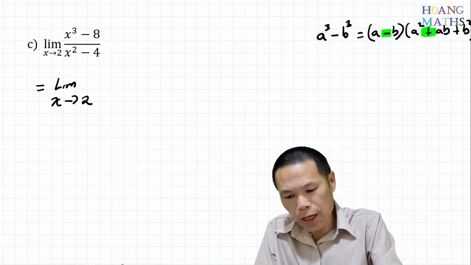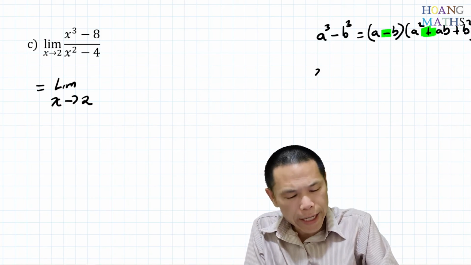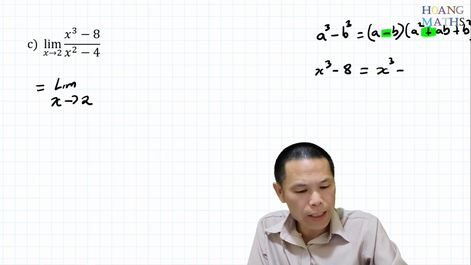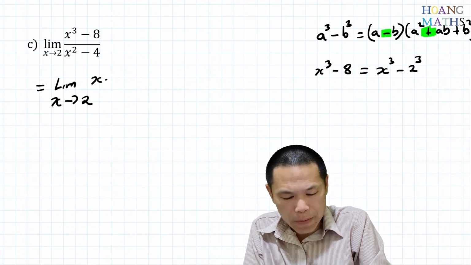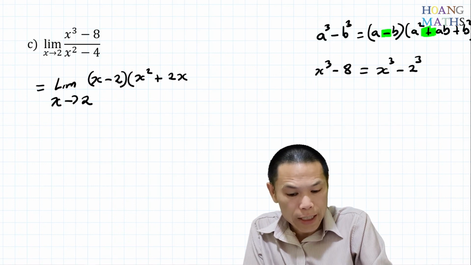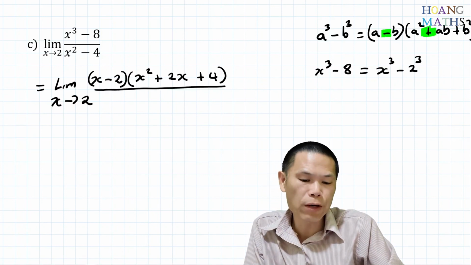Okay. So let's get back to this. Now remember, x cubed minus 8 is equal to x cubed minus 2 cubed. So that's why we have x minus 2 and then x squared, and x times 2 is 2x but with the opposite sign, and then plus 2 squared, which is 4, over, now this one is a difference of 2 squares.